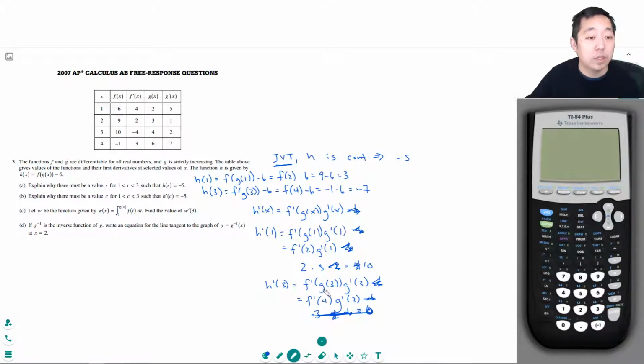G of 3 is 4, f prime of 4 is 3, g prime of 3 is 2. 3 times 2 equals 6.